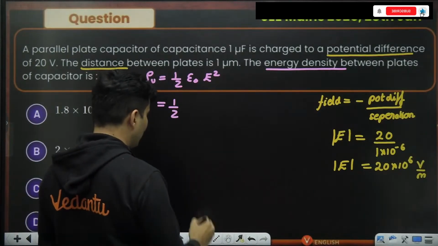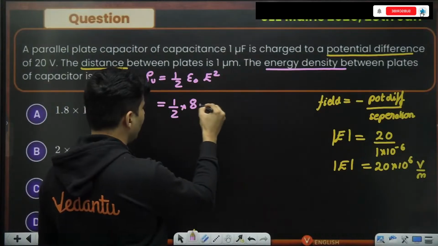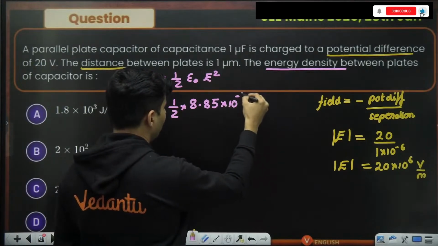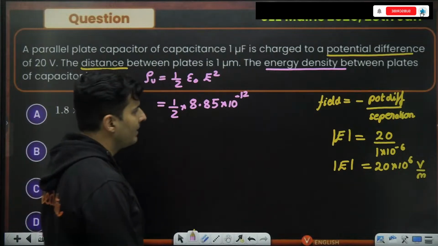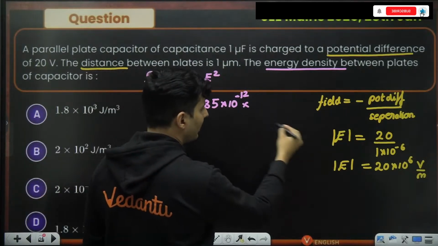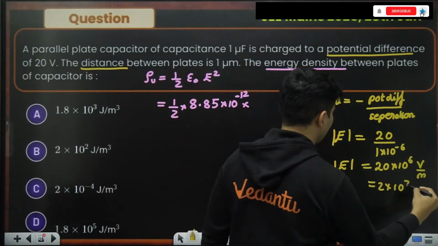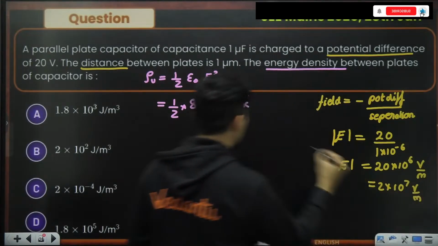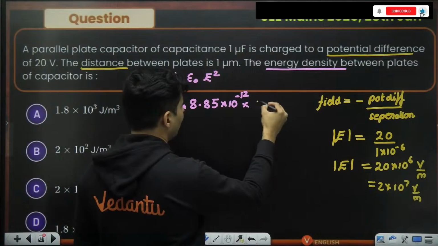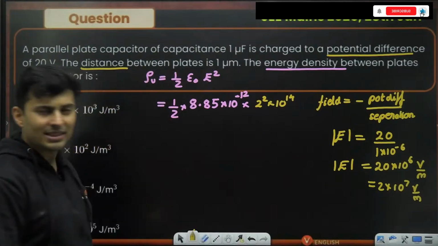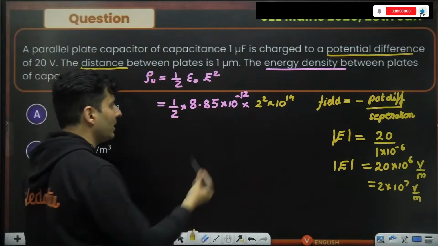So epsilon naught, permittivity, is nothing but 8.85 into 10 to the power minus 12, and then over here the field squared. So if you want, you can write this as 2 into 10 to the power 7 volts per meter. So it will just become 2 squared multiplied by 10 to the power 14, because 10 to the power 7 squared is 10 to the power 14.